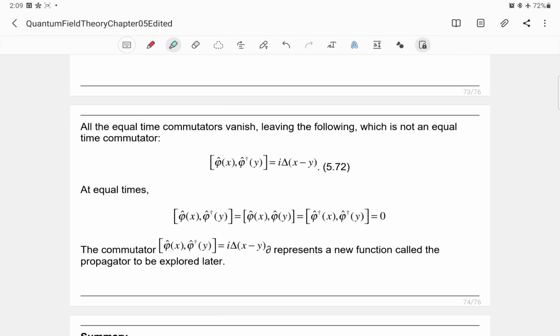All the equal time commutators vanish, leaving the commutator which is not an equal time commutator. This one here. Of course, at equal time, this is just equal to 0.